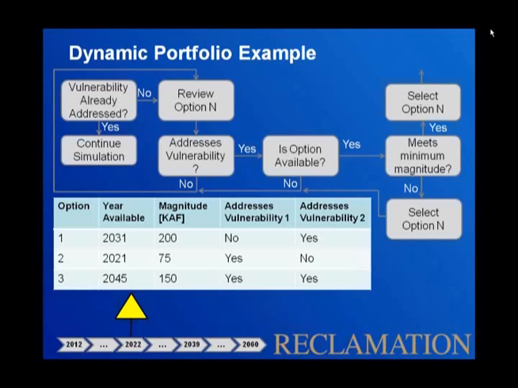If it does meet the minimum magnitude, we'll put it in place and then continue our simulation until another flag occurs or signpost, and then we'll repeat this process again, hopefully making an informed decision in terms of the options we're implementing to strategically address vulnerability in a cost-effective manner.